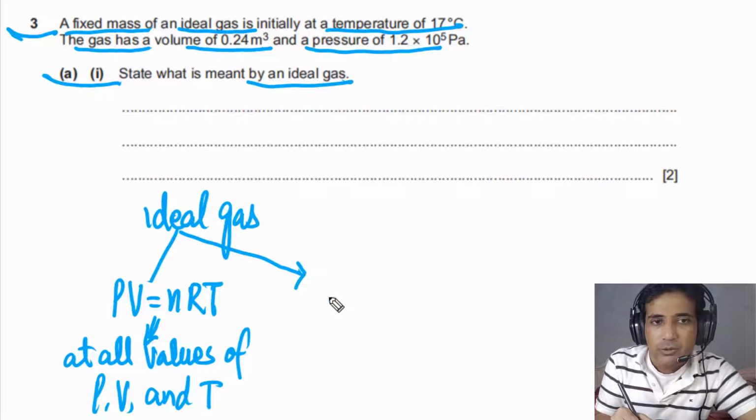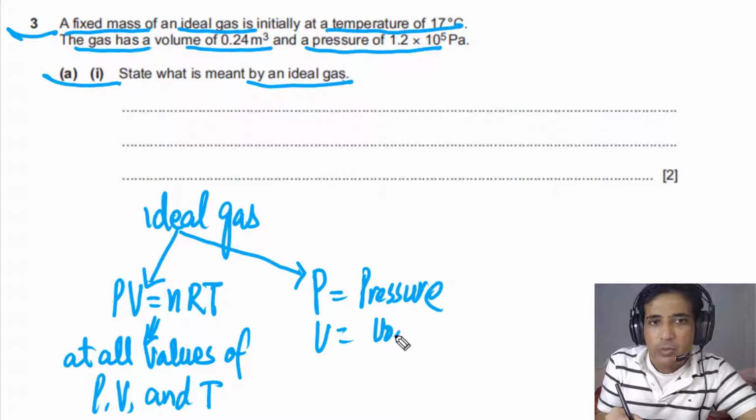Then you also need to state these quantities, meaning you need to write down what is P, what is V, and what is T.